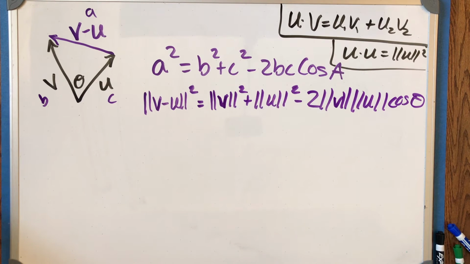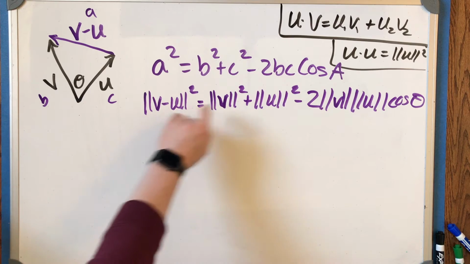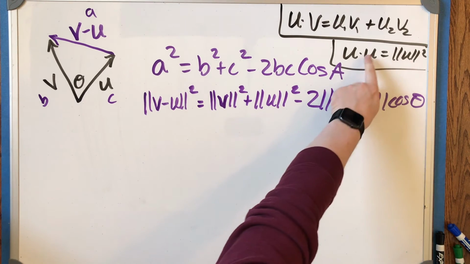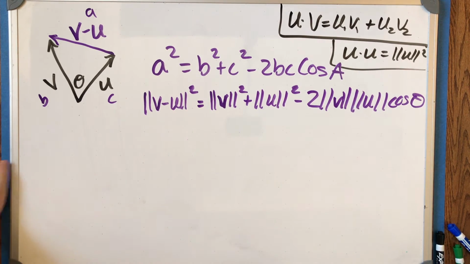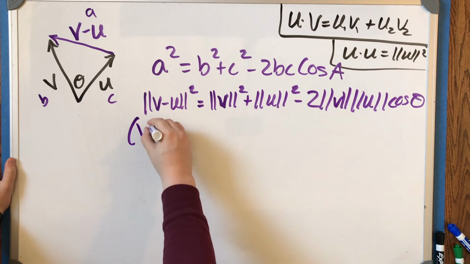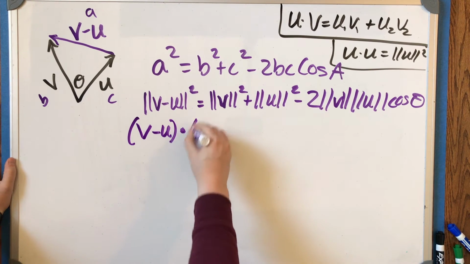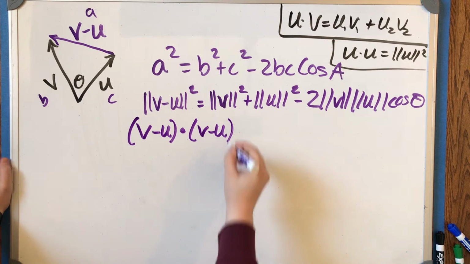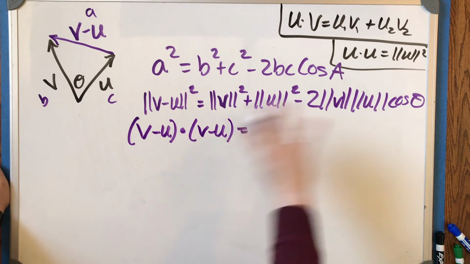Whew, that was a lot. But for this one here, I'm actually going to go backwards. I have magnitude squared. I'm going to rewrite it as dot product. So I can say that this is really v minus u dot v minus u. Okay, and it just equals all that stuff.